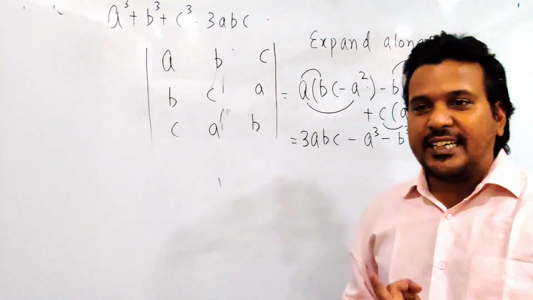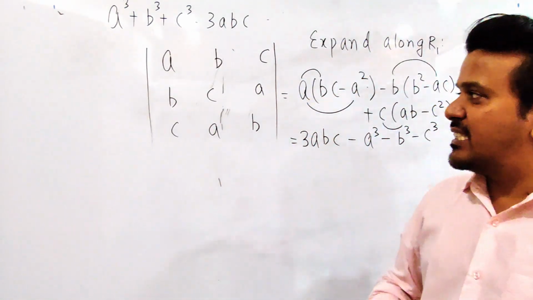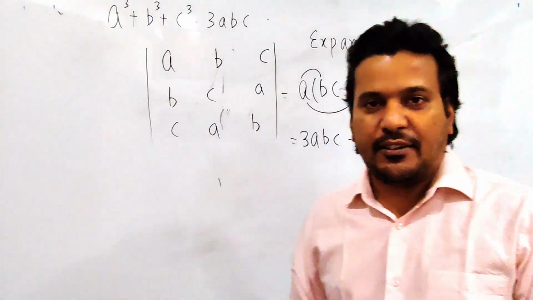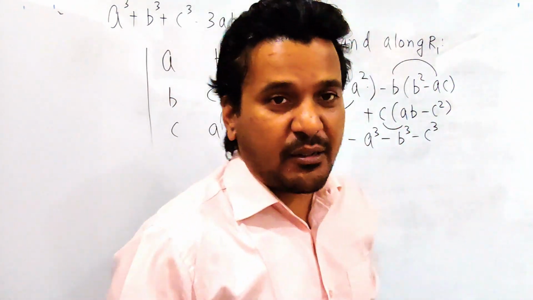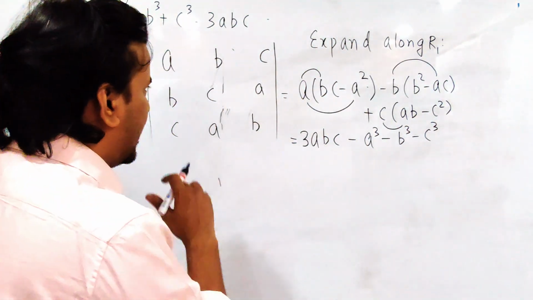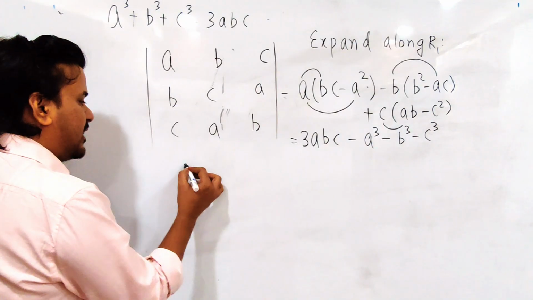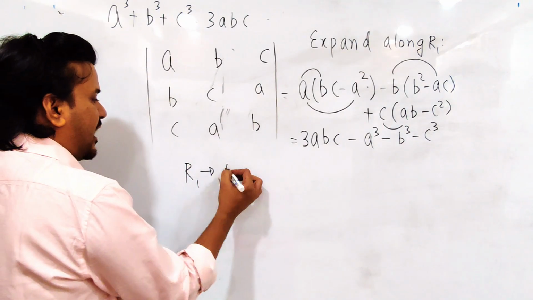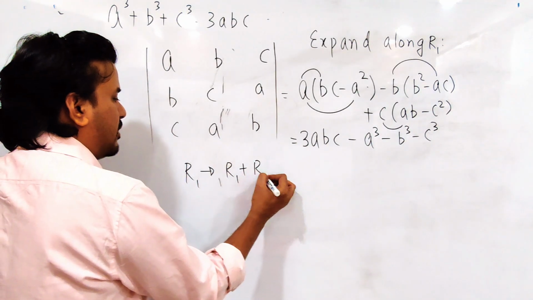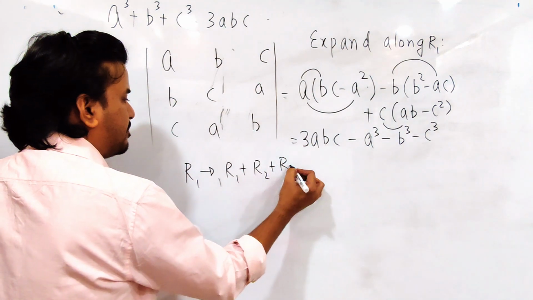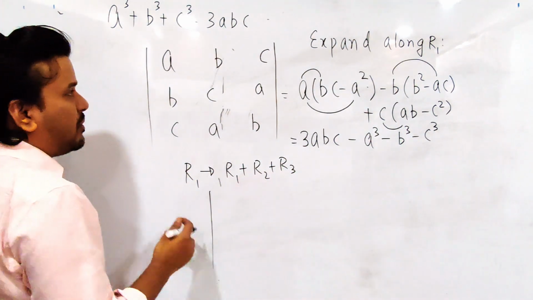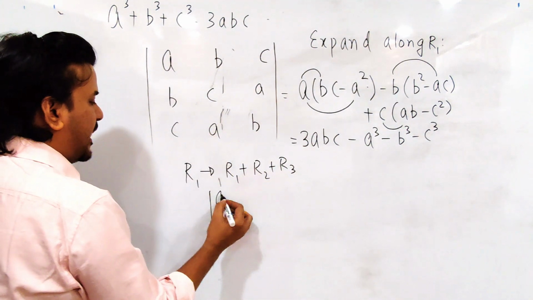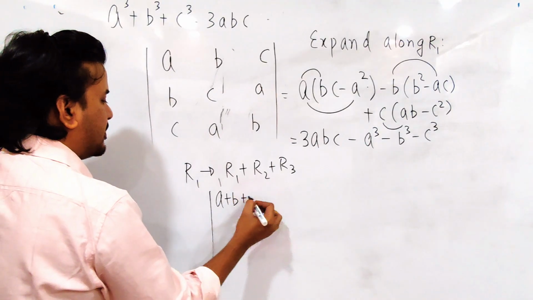We are going to again open this determinant by some simplification. Let's apply R1 goes to R1 plus R2 plus R3. If R1 goes to R1 plus R2 plus R3, what is this? This is A plus B plus C, right, guys?